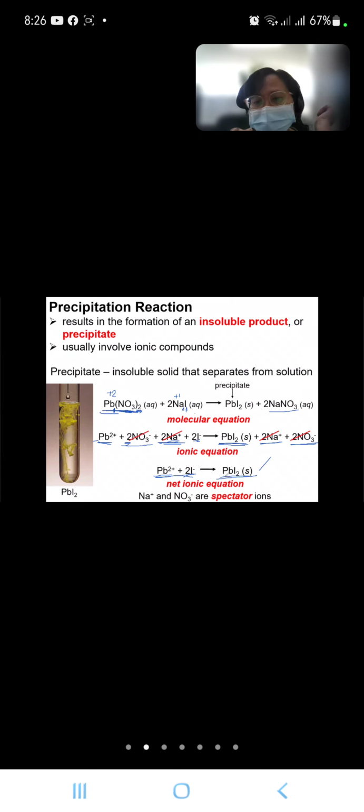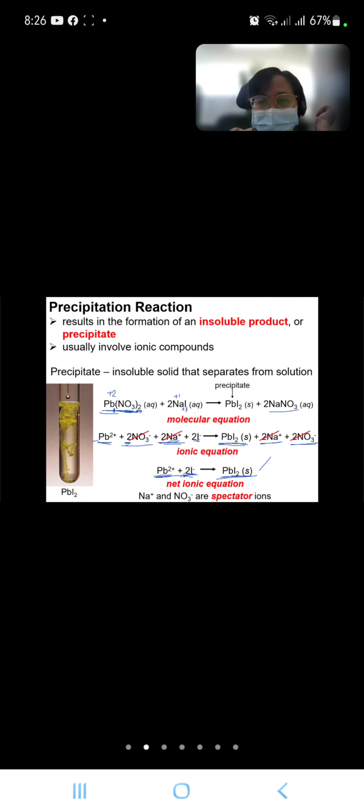Because the lead 2 iodide, which is considered here as our product, is formed between lead 2 ion and iodide ion.